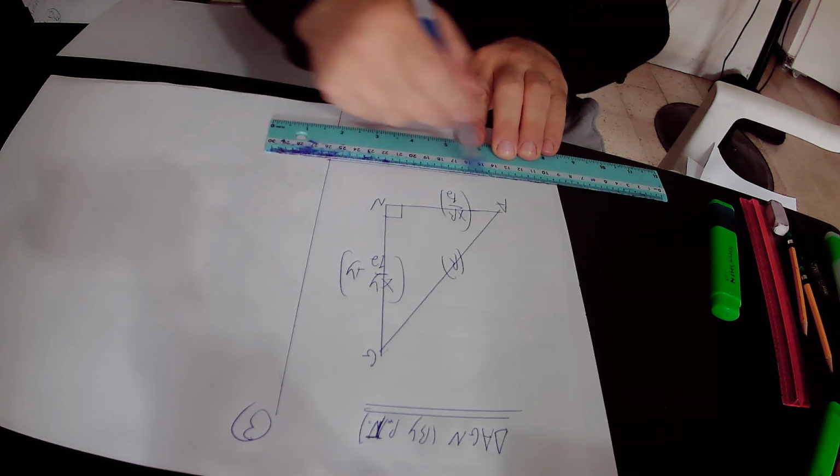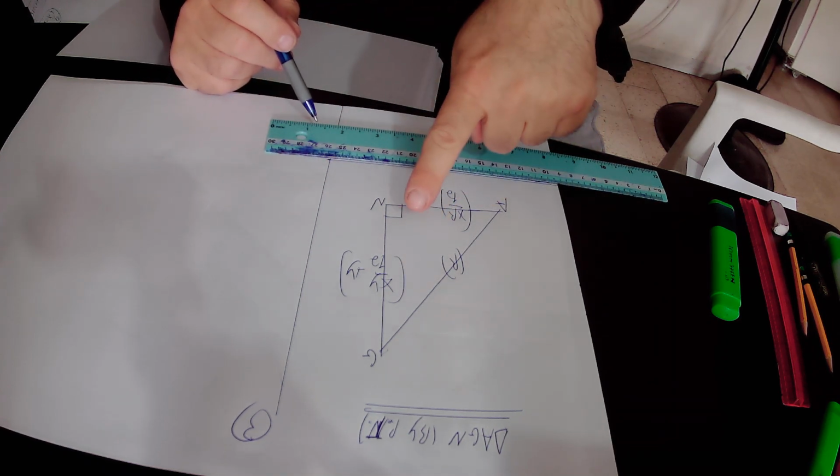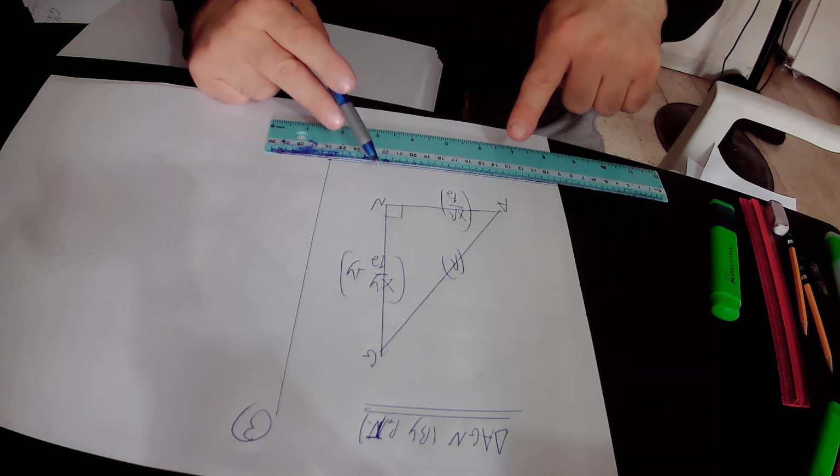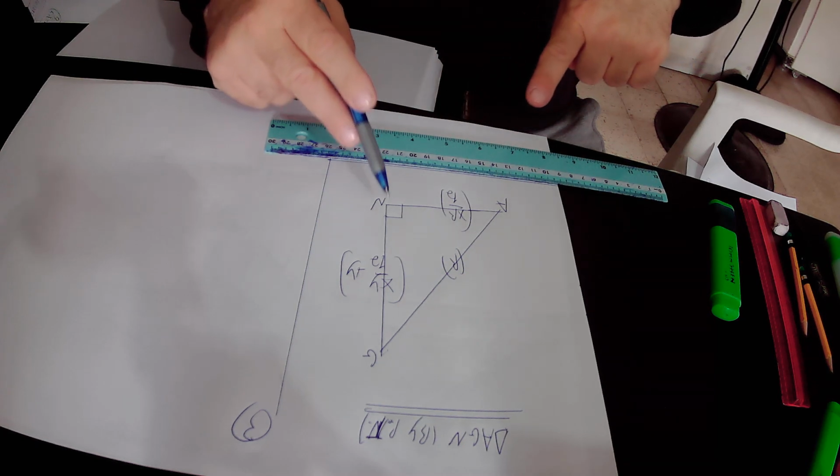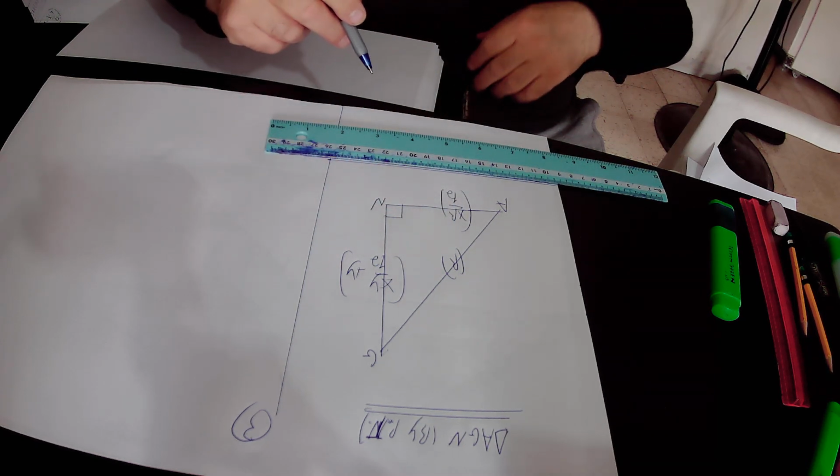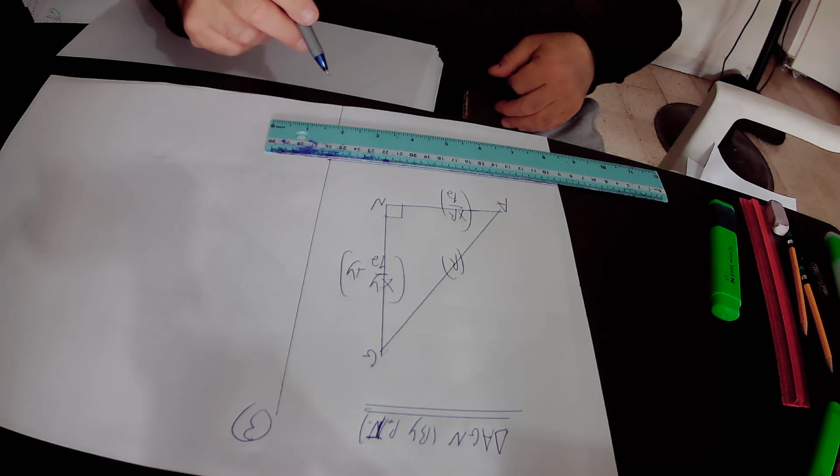We just found out that side GN equals XY over 12 plus Y, AN equals XR over 12, and finally the hypotenuse AG equals R. Here PT is the abbreviation for Pythagoras theorem.